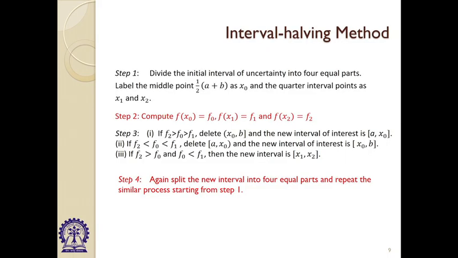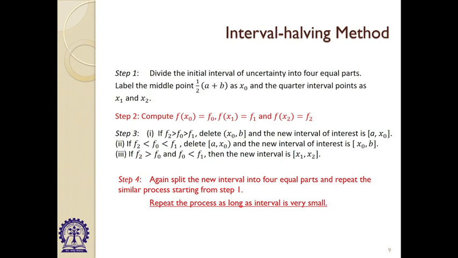After that, what will we do? Once we get the new interval of uncertainty, we will consider it as the initial interval of uncertainty and repeat the process. We will again find the 4 parts of the interval, find new x0, new x1, new x2, and repeat the process again and again. And how long will we do this?